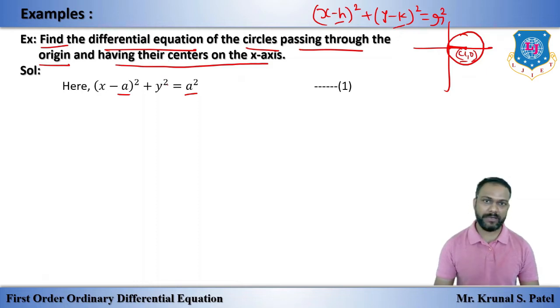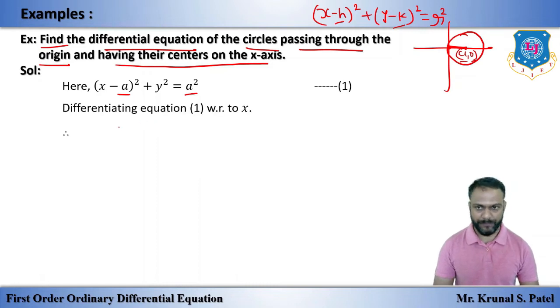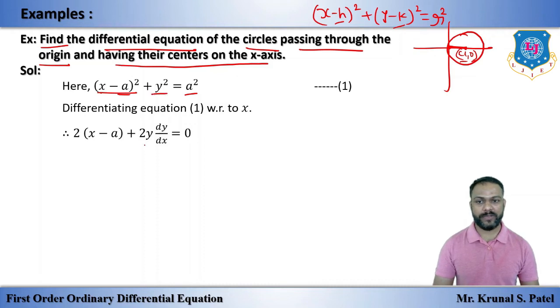Not more than one, not less than one. Compulsory differentiate only once, and we have to eliminate this arbitrary constant a. So we will differentiate with respect to x. We all know the derivative of y square is 2y dy by dx, and derivative of a square is 0.